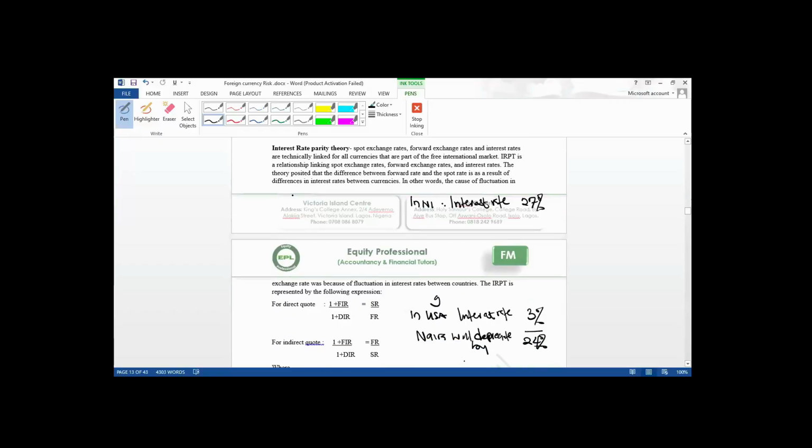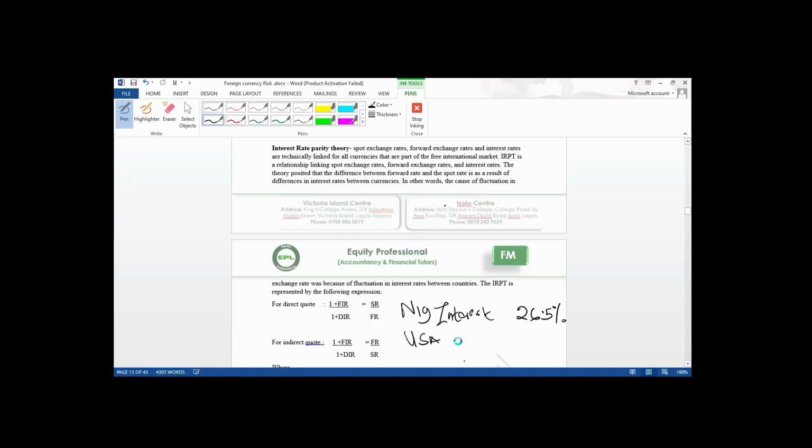Look at this. In Nigeria today, interest rates are 26.5%.